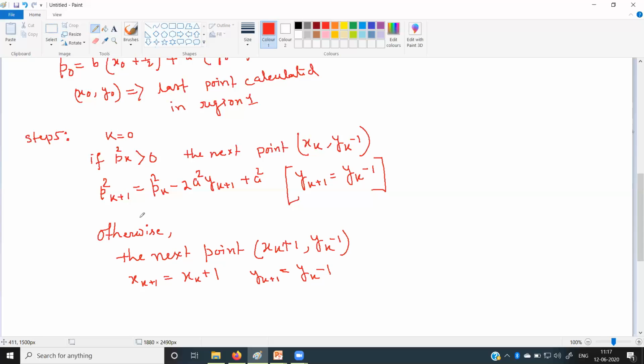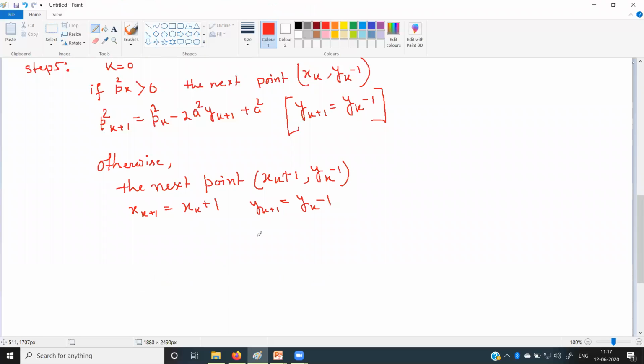Now what you can do, you take this point, and if you got the point which has to be plotted on the arc to get the ellipse, we will compute the decision parameter for the k plus 1th iteration for the region 2.